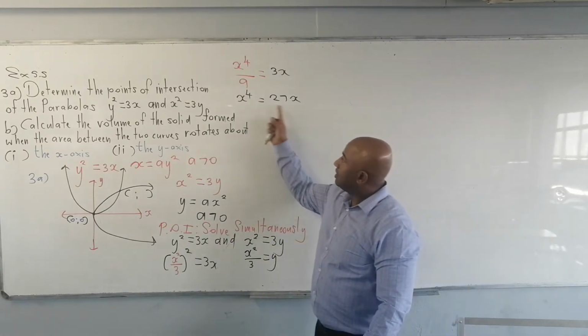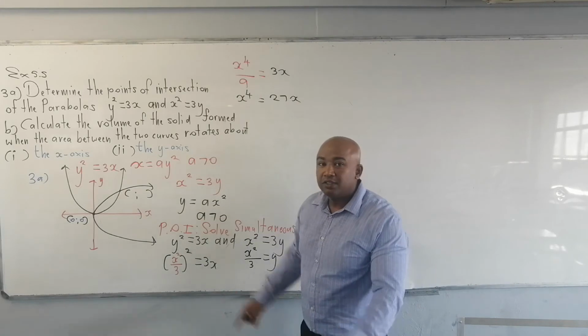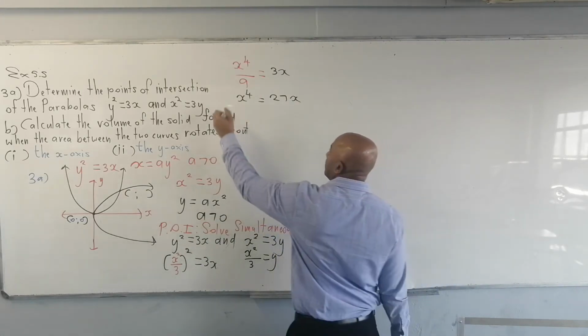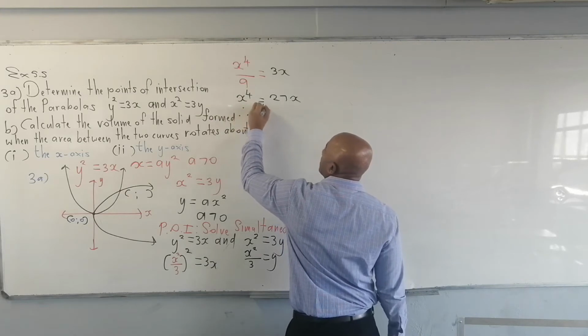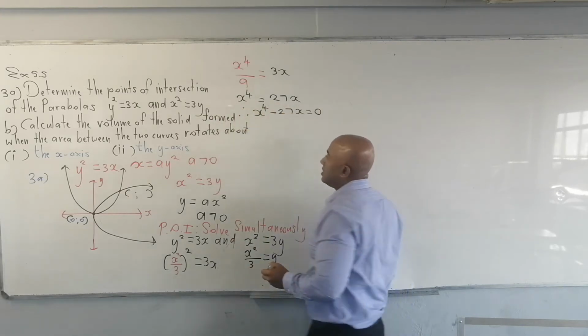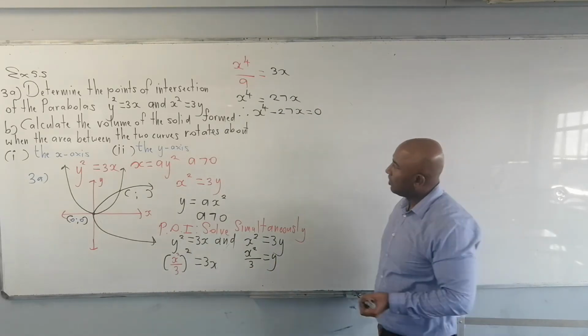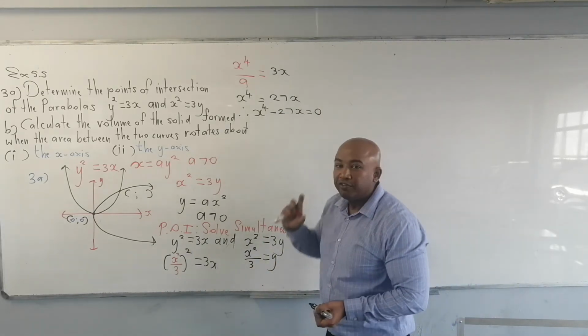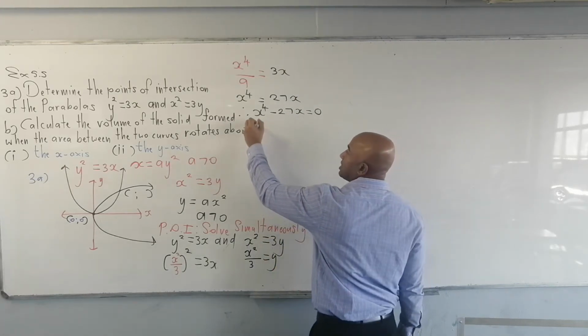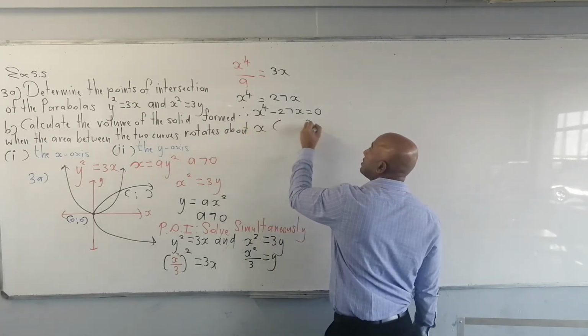Now, I have x on both sides. Do not divide by x. You must make the equation equal to 0. So therefore, x to the power 4 minus 27x is equal to 0. Solve for x. Now, you factorize. X is common here. So you take out a common factor of x.